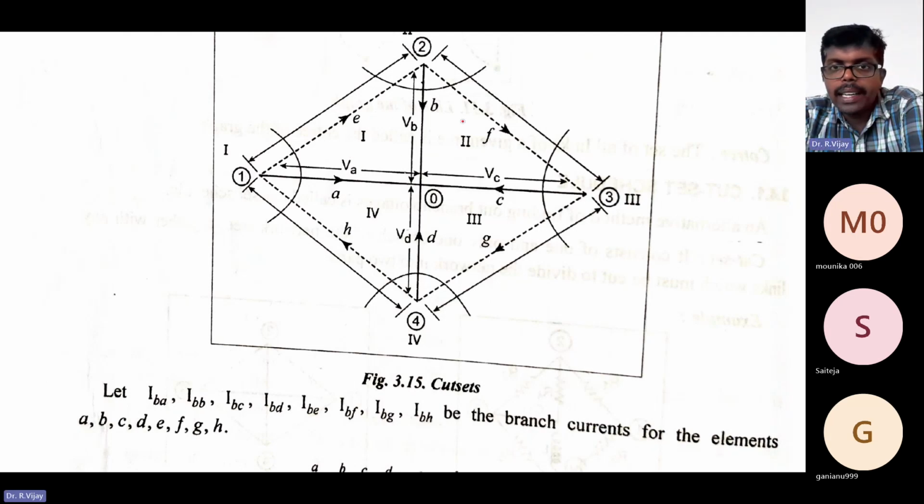So this is VB minus VA, plus the total voltage across this particular loop, that is nothing but VBC.